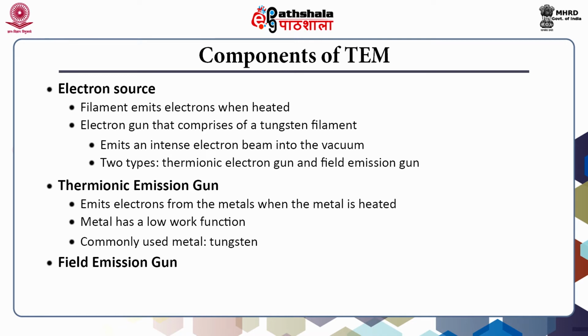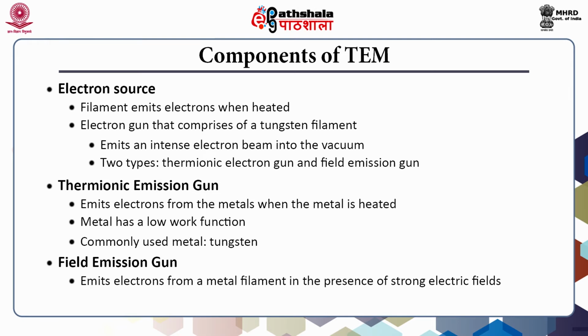The most commonly used thermionic electron gun material is tungsten. The field emission gun emits electrons from a metal filament in the presence of a strong electric field. As compared to thermionic emission, a lower temperature is required in the field emission gun, which provides higher source brightness.